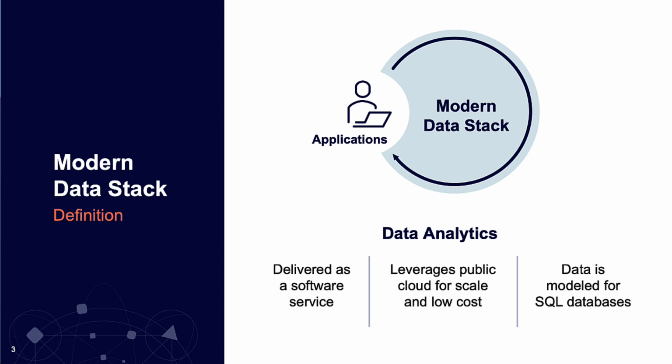It leverages the public cloud for scale and for low cost, and data is modeled for SQL. That's really important. It may be done in different ways. You might use Spark to do the modeling, but ultimately the data modeling that is done is predominantly around SQL to perform more rich analytics against it. So it's really about modeling, and it's about enabling you to set up the data so that it can be used by a SQL database and then used by things like BI tools.